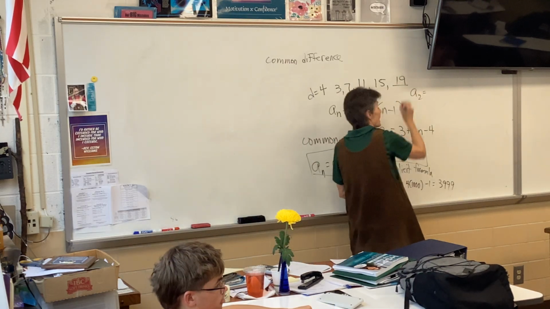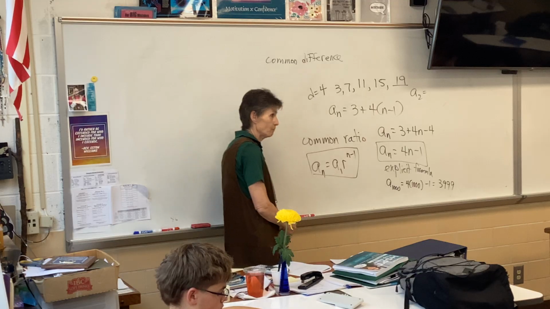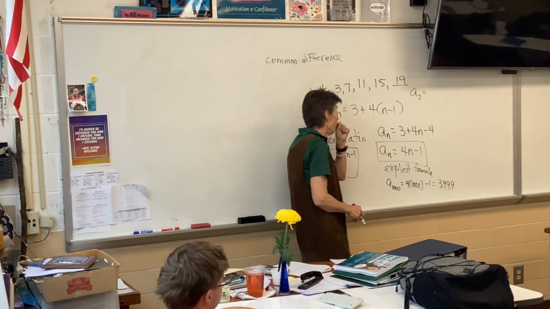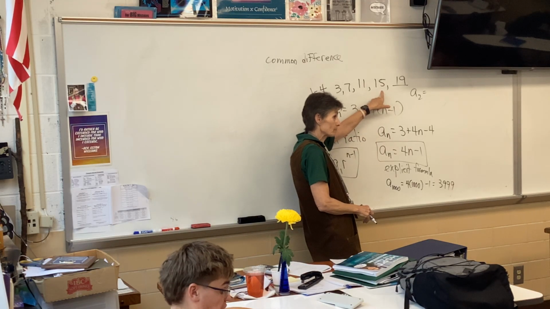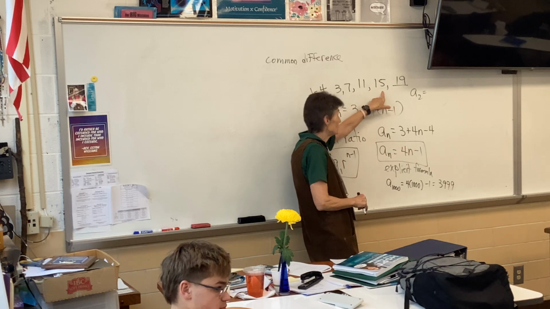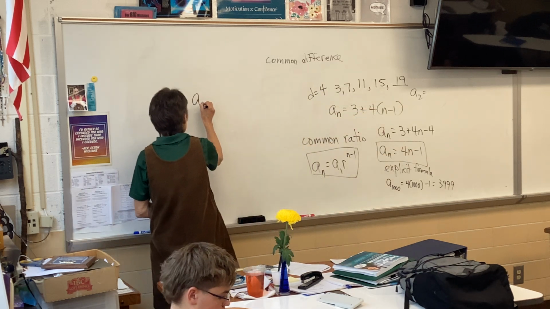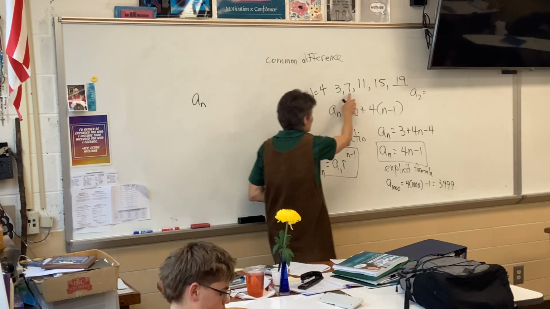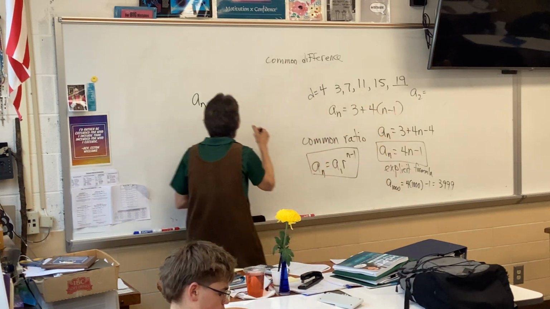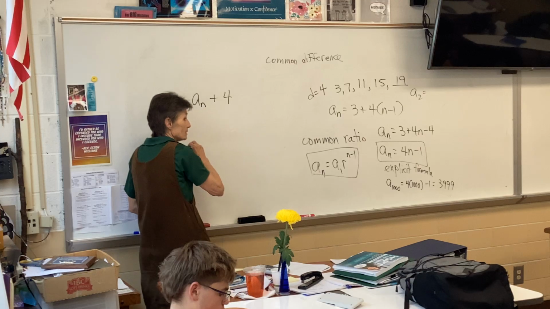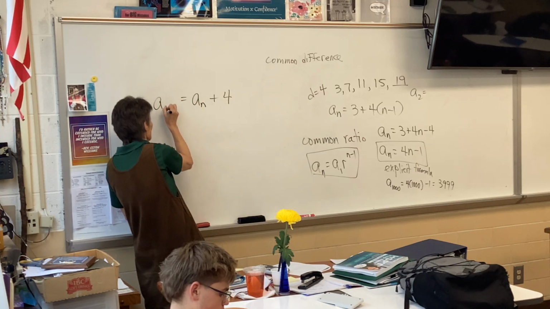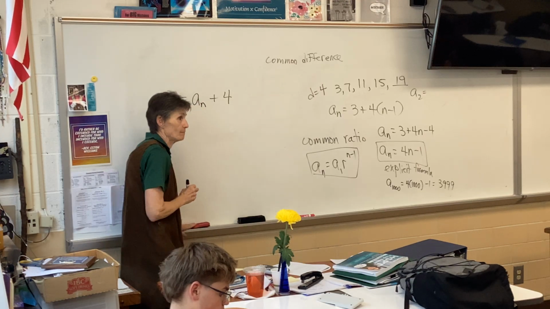And how did you get 19? Added 4. You took some term, in that case it happened to be the 4th term, any term, and you added 4 to it. And that gave you the next term in the line.